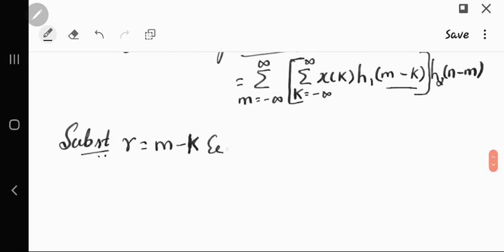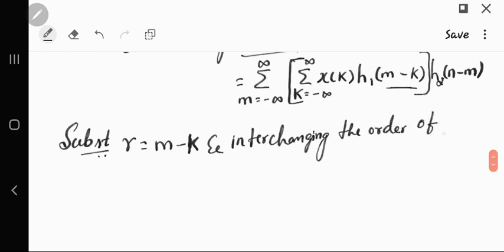And here you can see, I am just interchanging the order of the summation. So these two summations I am interchanging the order, and also I am replacing r with m minus k.